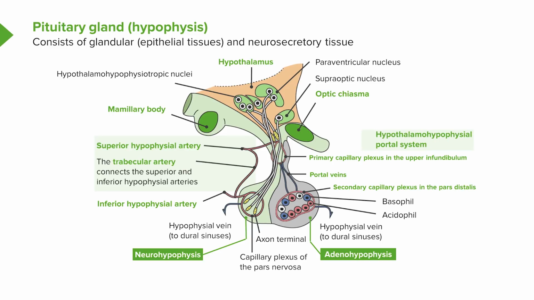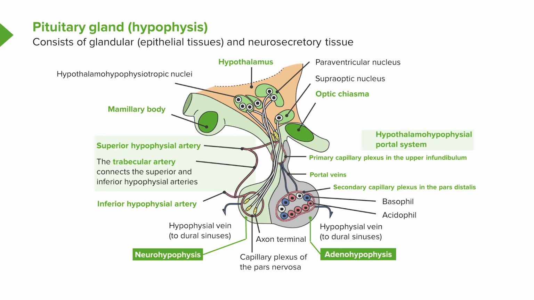These releasing factors can either stimulate cell secretion from these cells, and they're very specific about which cells they actually stimulate, or they can inhibit secretion from these cells. So there is this control of the secretory products coming out of the anterior pituitary by neurons in the hypothalamus.